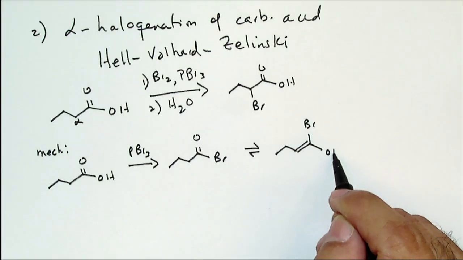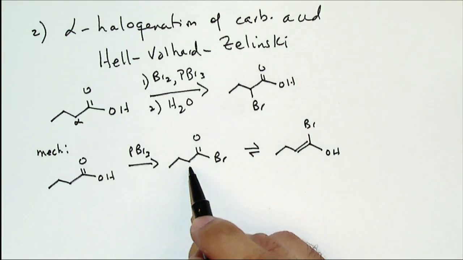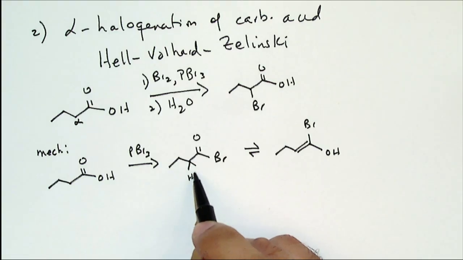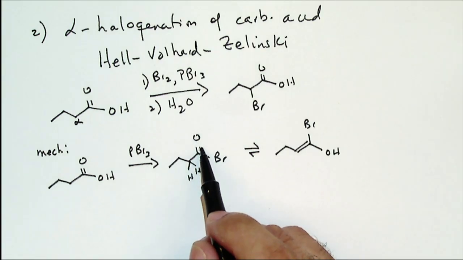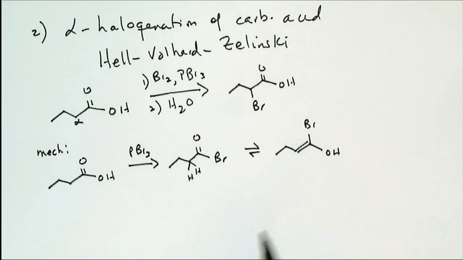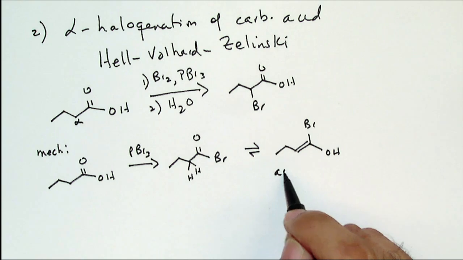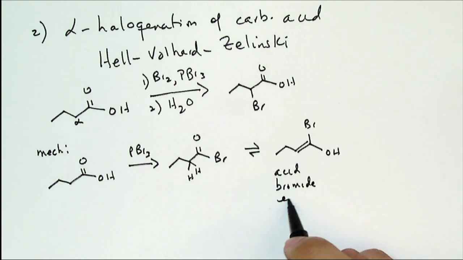And so what I'm going to get here is going to be this, where we'll have Br and OH. So this simply means here I have two hydrogens. One of these hydrogens migrates there. Pi electrons will grab this, and then the two electrons here kick in here to form the carbon-to-carbon double bond. So I end up getting that, which is generally called an acid bromide enol.